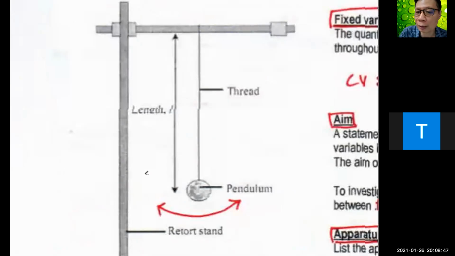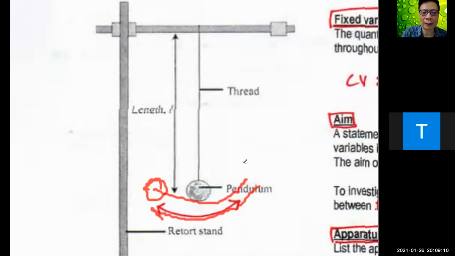That is one oscillation. Start from here, swing to the right. That's not one yet. Then after that, must come back. Then only is it considered one oscillation. From here, go to the right, and then come back again.